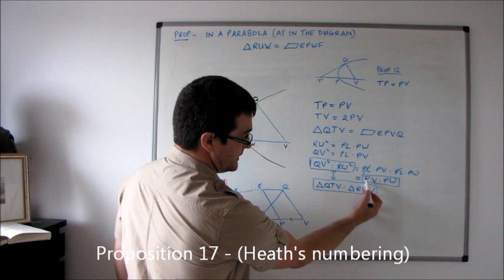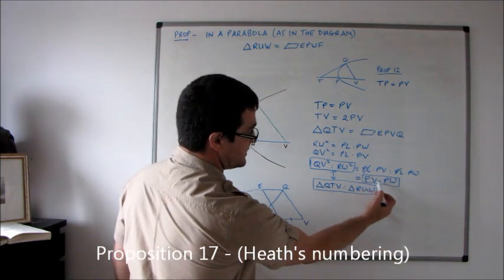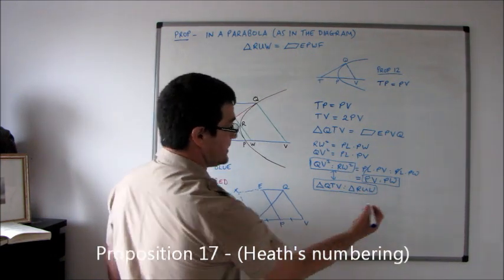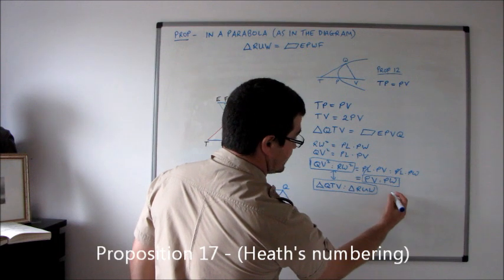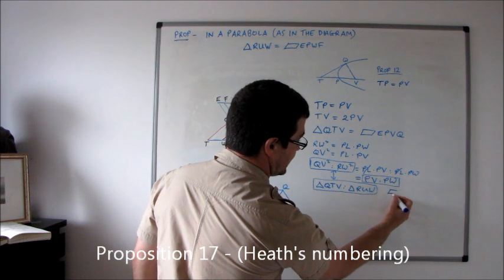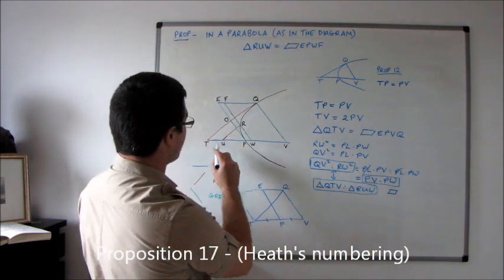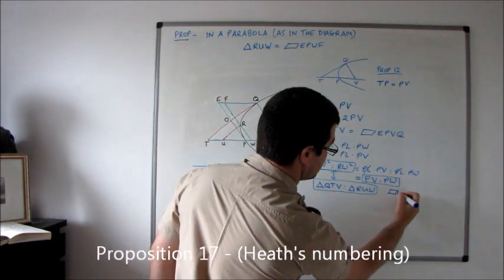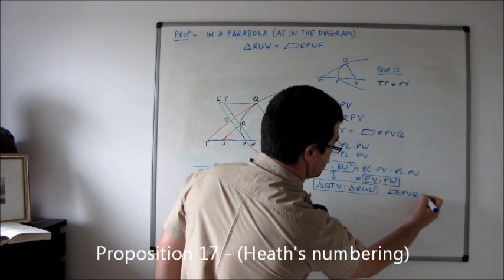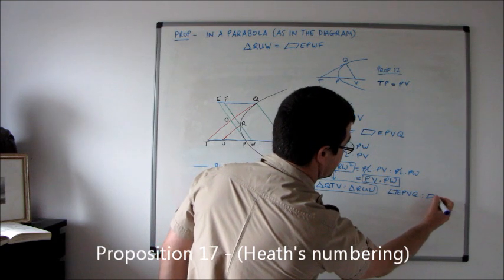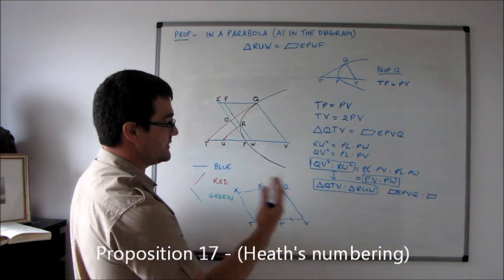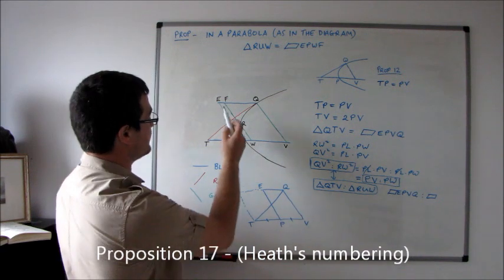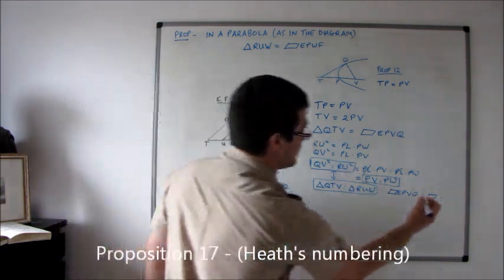So therefore the ratio of PV to PW is equal to the ratio of the area of parallelogram EPVQ to the area of the parallelogram EPWF.